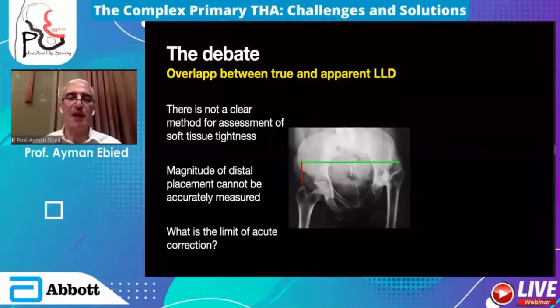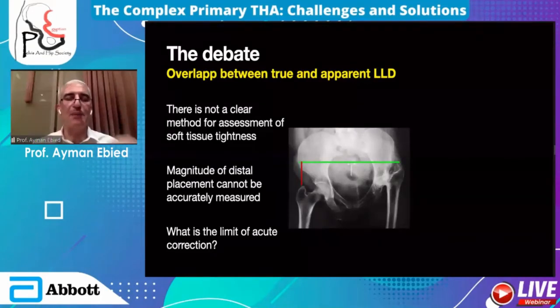This is obviously related to the obliquity placed on the pelvis as a whole and the soft tissue tightness. And there is no clear measure of how to assess the degree of soft tissue tightness preoperatively. All we can do preoperatively is look at the leg length discrepancy. But we don't know how much tightness there is, and the magnitude of the distal displacement that we can achieve by performing just soft tissue release.